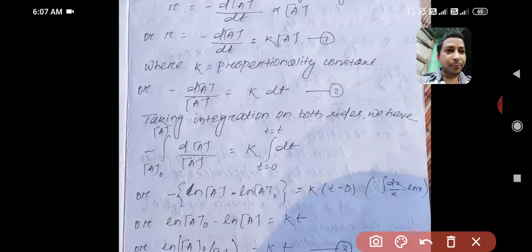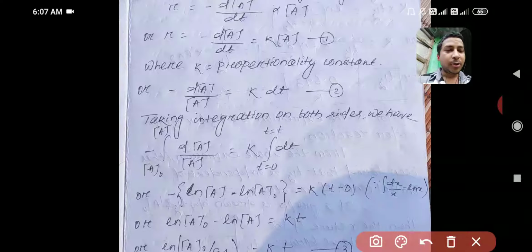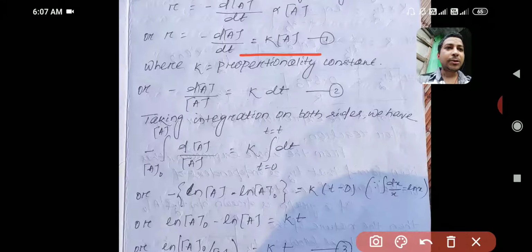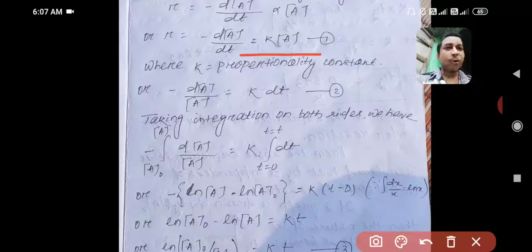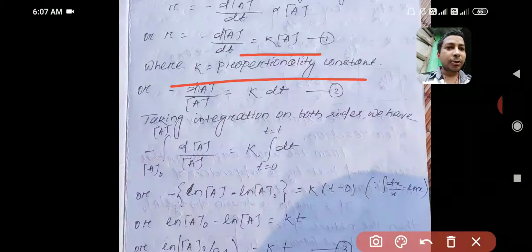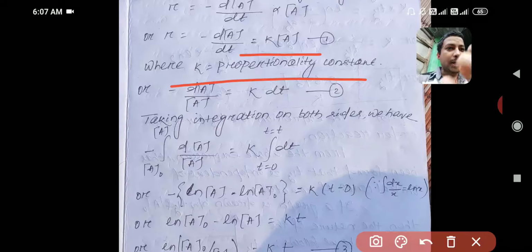When we remove the proportionality sign, we have to multiply by a proportionality constant. That means minus dA by dt is equal to K times the concentration of A. This is equation 1, where K is the proportionality constant, because we are giving the sign K by removing the proportionality sign.